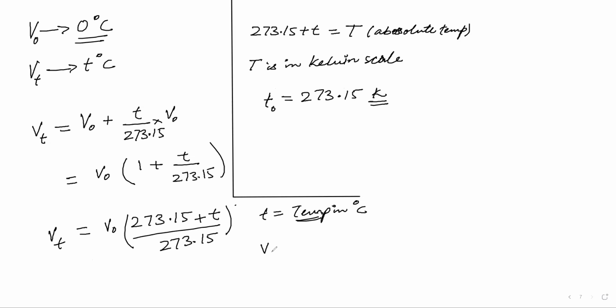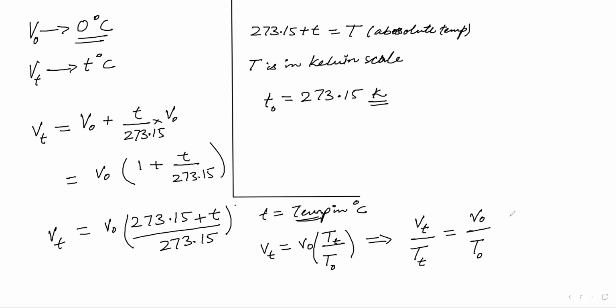I can write VT is equal to V naught, and then I can write this as capital T, that is the Kelvin scale of the T degree Celsius, and this is the Kelvin scale of 0 degree Celsius, T0. Correct? Then I can write also V of T divided by Kelvin of T degree Celsius is equal to volume at 0 degrees Celsius and the Kelvin temperature at 0 degrees Celsius.